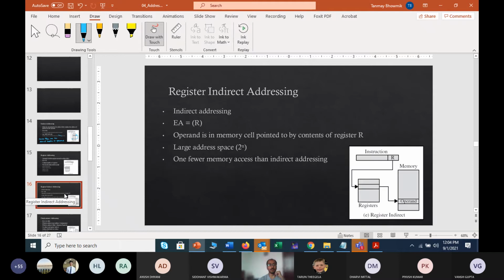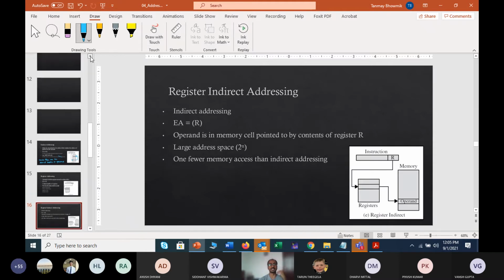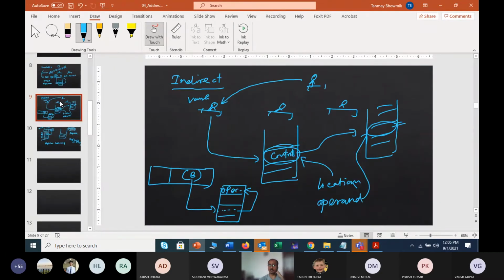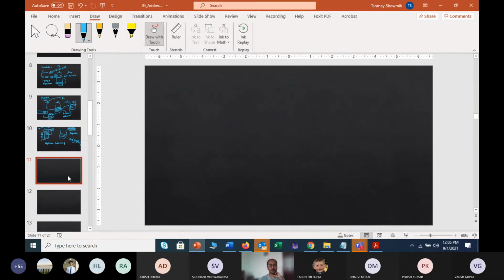Now we will move to another type of addressing, that is the indirect addressing, right? Register indirect addressing. In a normal indirect addressing, in your instruction there is one location, you go to that location, you find another location, you go to the second location, and then you observe that particular data. The same thing, if done by a register, is called register indirect addressing.